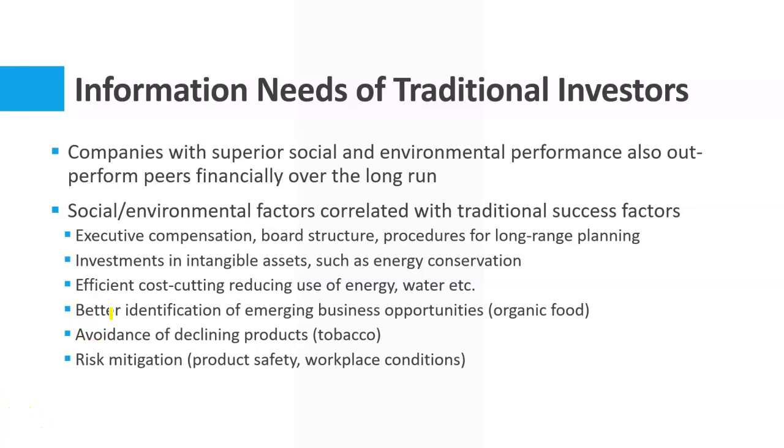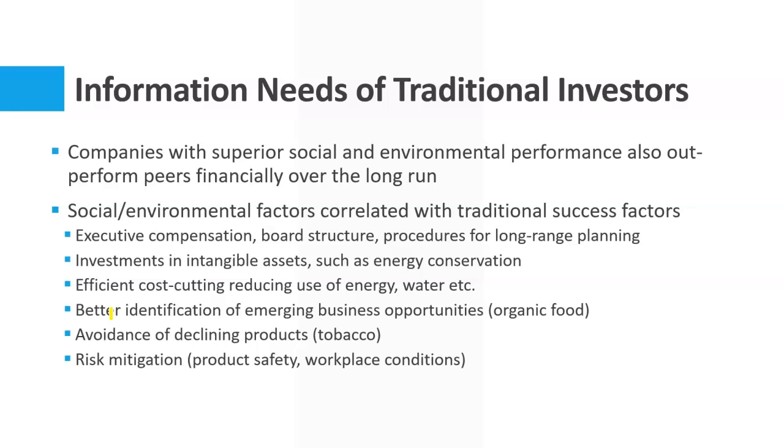So what kind of information does a traditional investor need? If we analyze the research done by academic studies in economics, finance and accounting, they provide support for the view that companies with superior social and environmental performance also outperform their peers financially over the long run.